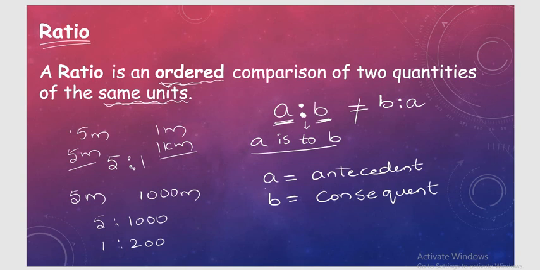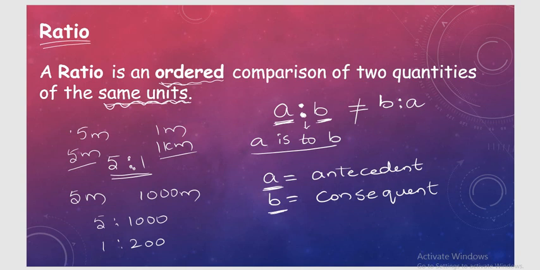The first term is called the antecedent and the second term is called the consequent, and the ratio is always written for two quantities which are in the same units. So 5:1 is different from 1:5, right? You can clearly understand this.